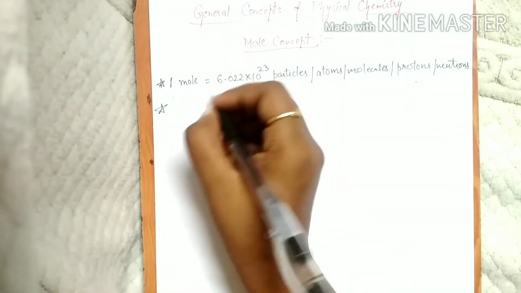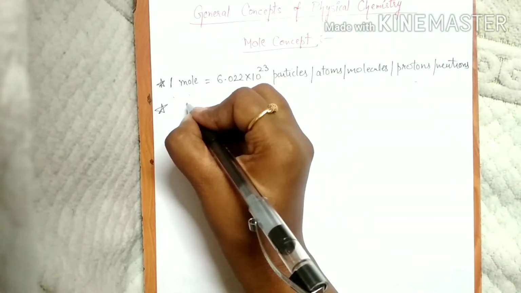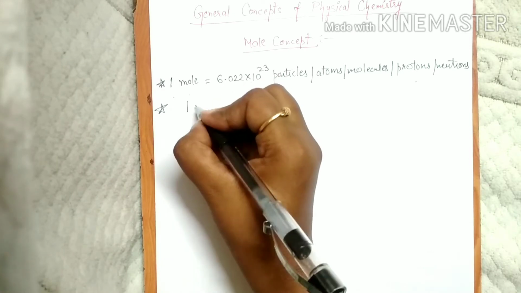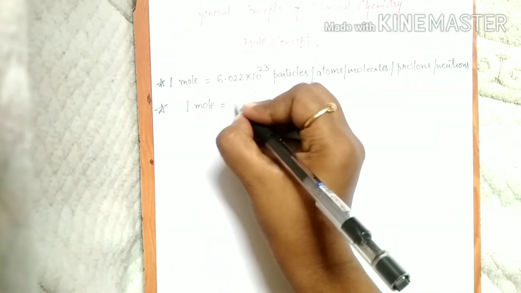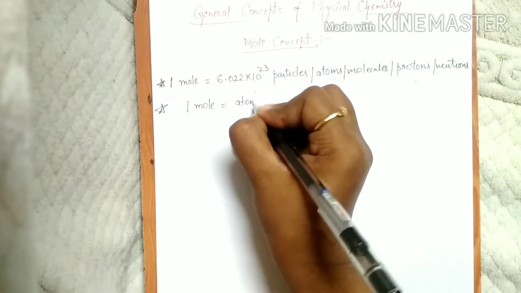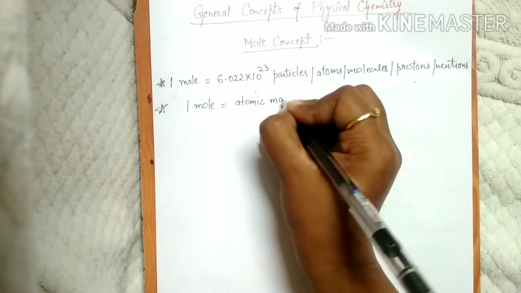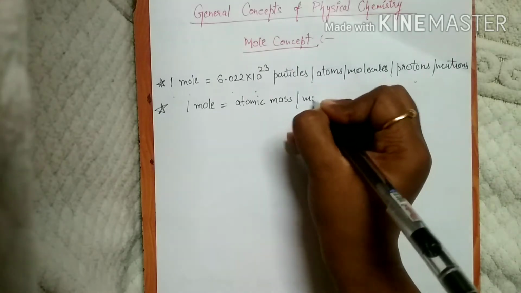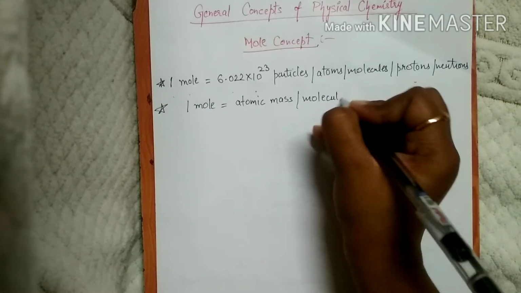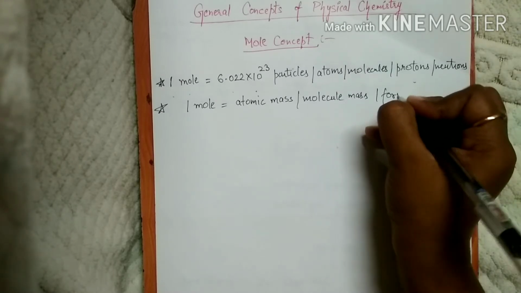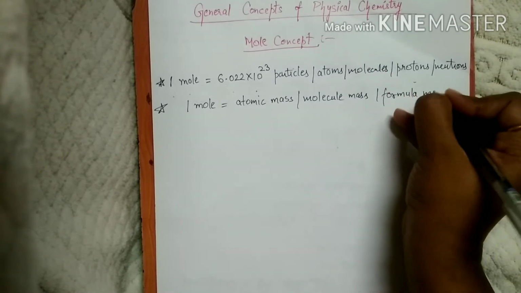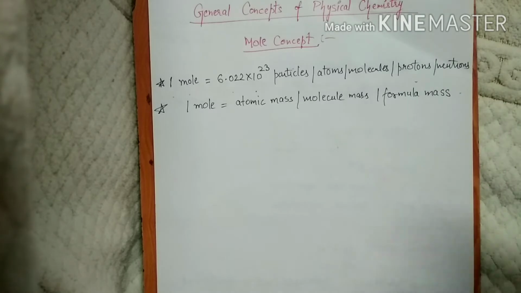Okay, this is your first formula. Also, 1 mole is equal to the atomic mass, or your molecular mass in case of a molecule, or your formula mass in case of ionic compounds. Okay, in ionic compounds we use formula mass.